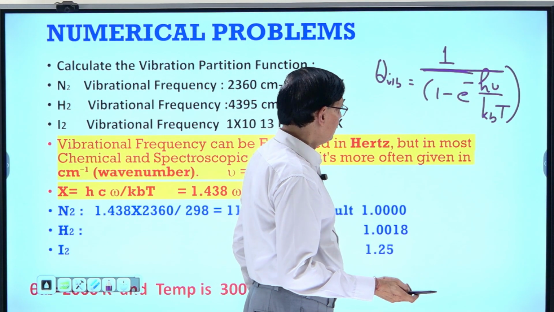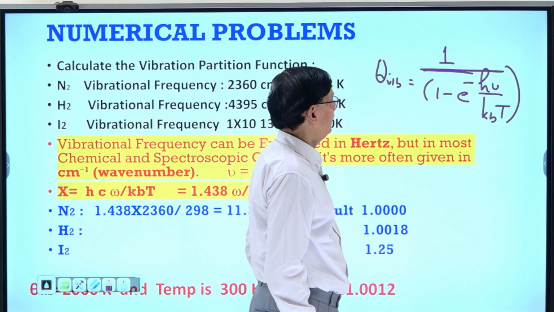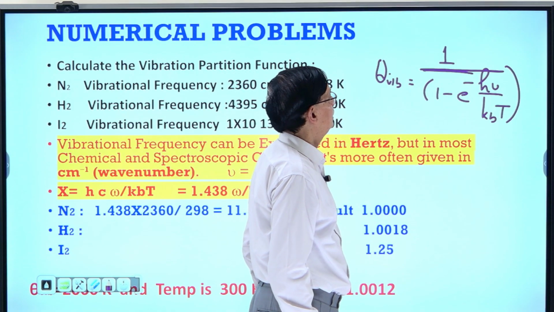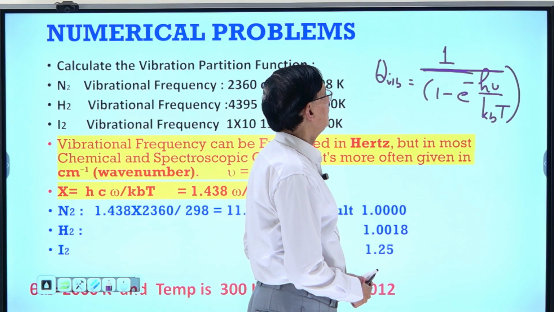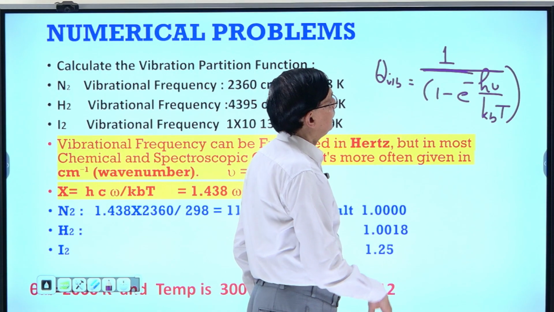So for the biology students or others, in most of the university question papers or NET CSIR question papers, you will see that they ask the calculation of vibrational partition function.